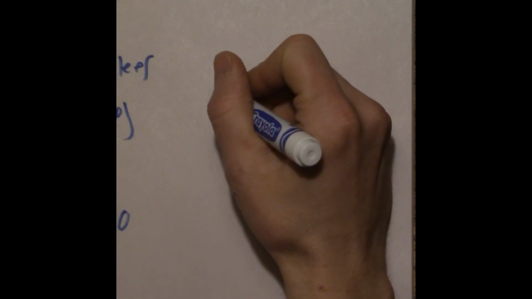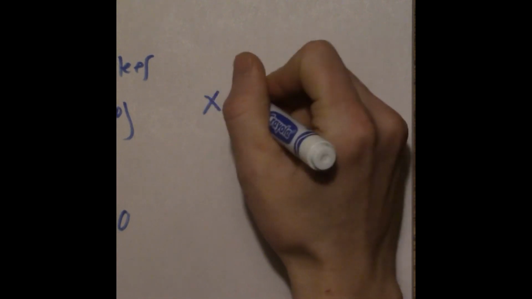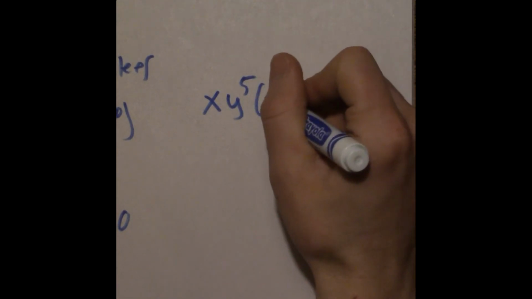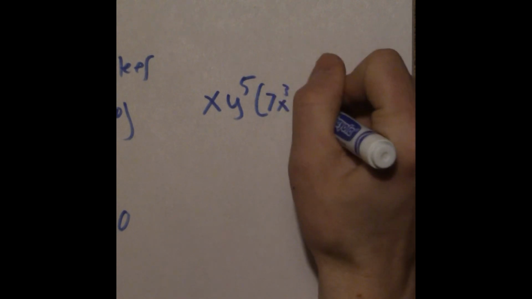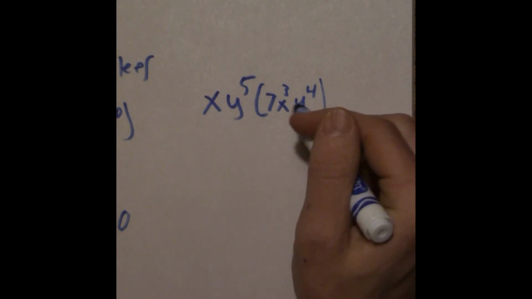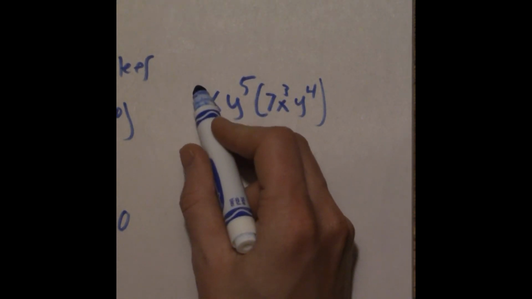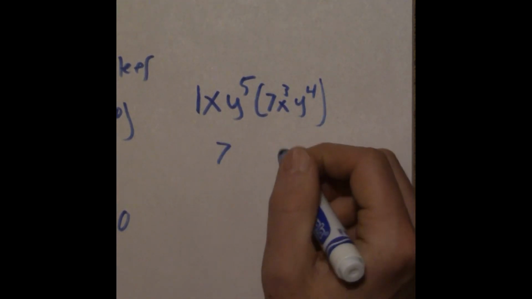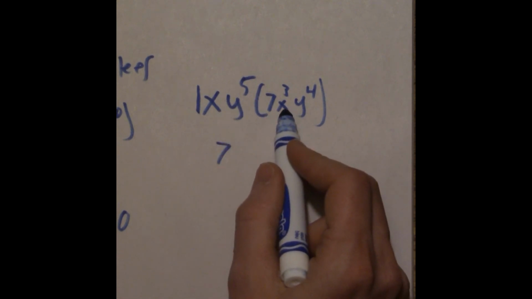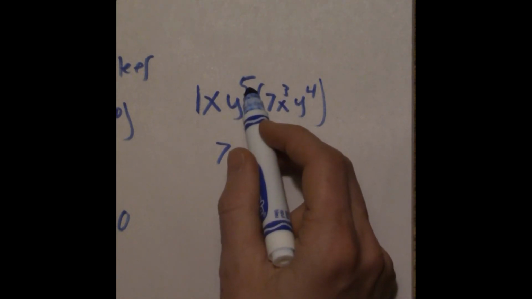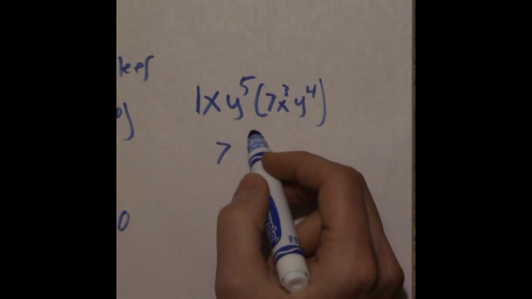The other common mistake that people make when multiplying powers is something that we talked about earlier. If you have a term like xy to the 5th, and we're going to multiply that times 7x to the 3rd, y to the 4th. If we're multiplying these two terms together, people say, all right, there's no number here, so this would be a 1, because there's one of these terms here, so you could put a 1 there if you want. You do 1 times 7, you get 7. And then when they do the x's, they think it's x to the 8th, but it is not x to the 8th, because when you look at this, the y is being raised to the 5th power, but the x is not being raised to the 5th power.